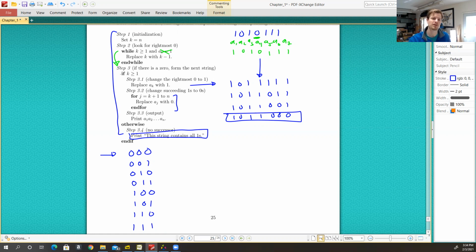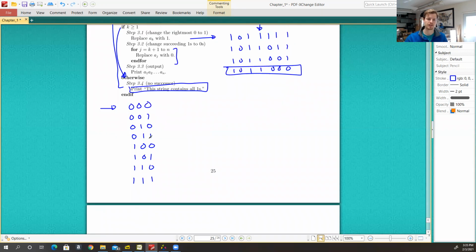So that brings us all the way down to the otherwise. So if this is true, k is greater than 1, we go ahead and change the rest to zeros. But k is not greater than 1 when it's all 1s. k would be equal to 0. So then we say, oh, that's the end of the list. And that gives us our 1, 2, 3, 4, 5, 6, 7, 8 subsets of a set with 3 elements.